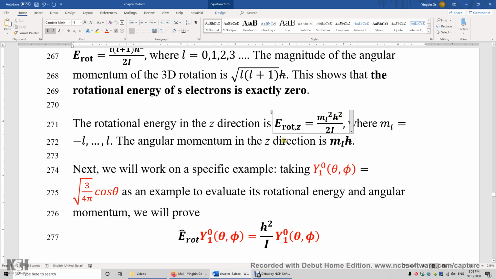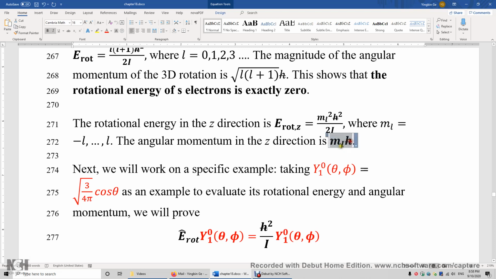The angular momentum in the z direction is just m sub l times h bar. So this is the magnitude of the three-dimensional angular momentum, and this is the z component of the three-dimensional angular momentum.